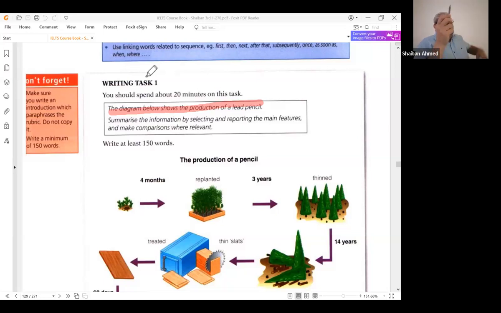What happens? We said if you copy paste, the examiner is going to cut the number of words from you, penalty. But here, the diagram, of course, no below. So we say shows the production of a lead pencil.